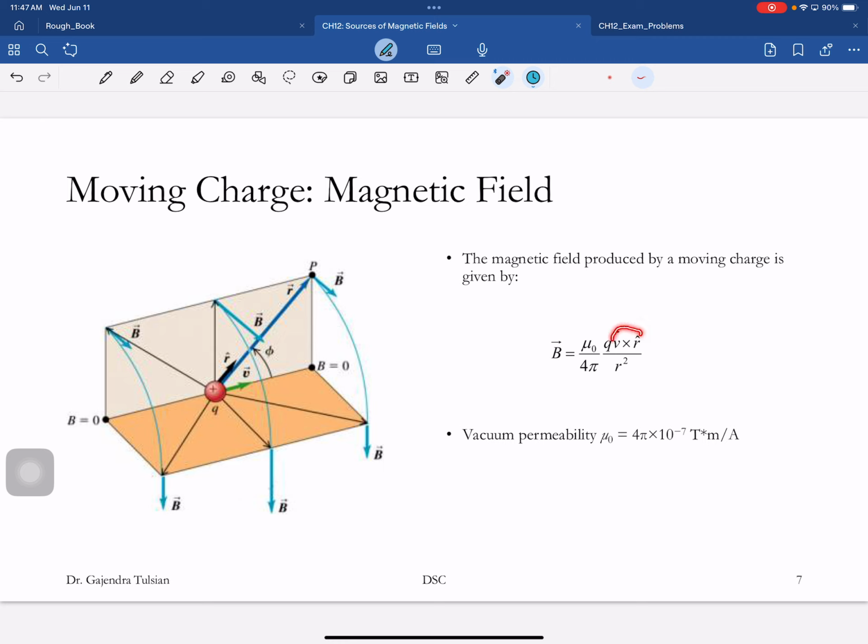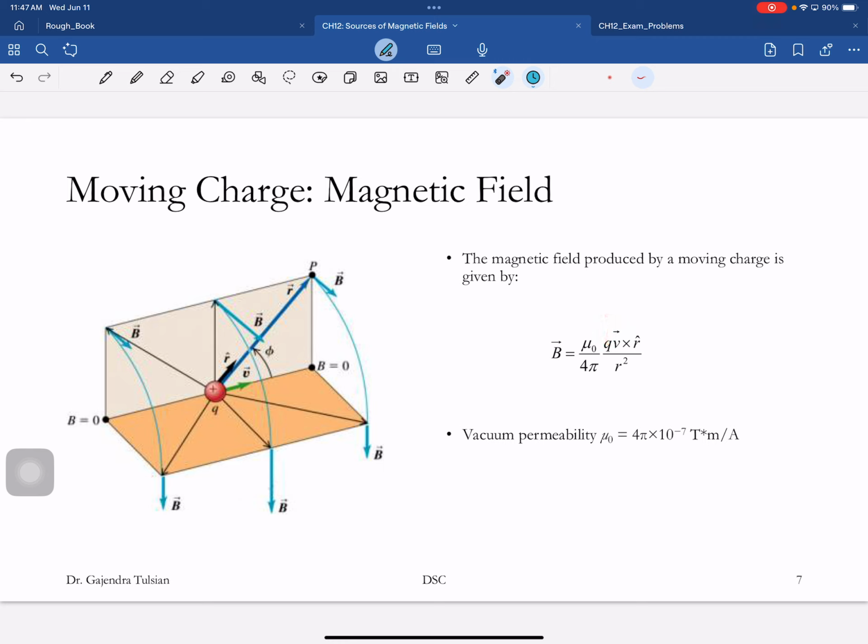If v and r hat are parallel to each other, the cross product will be 0. So this moving charge doesn't produce any magnetic field along the axis along which it's moving. Of course, the simple fact is if q is 0, if it's uncharged, it won't produce any magnetic field.